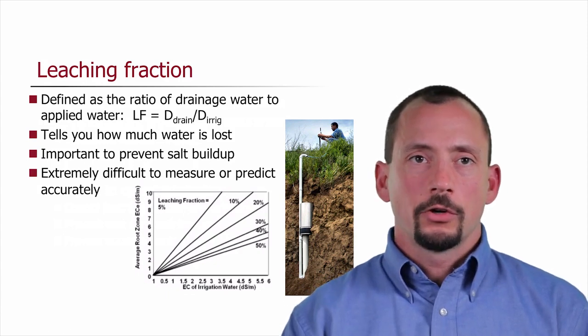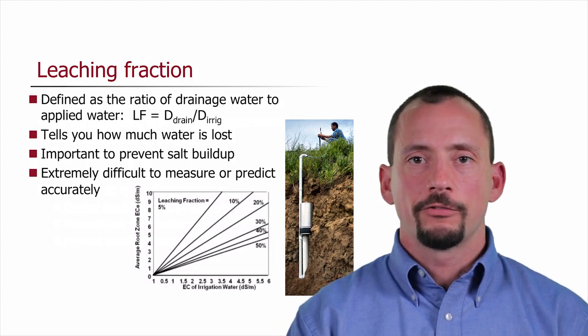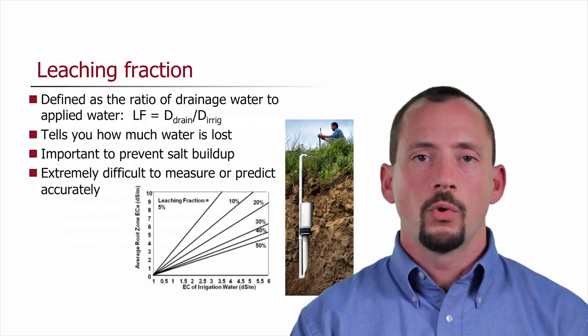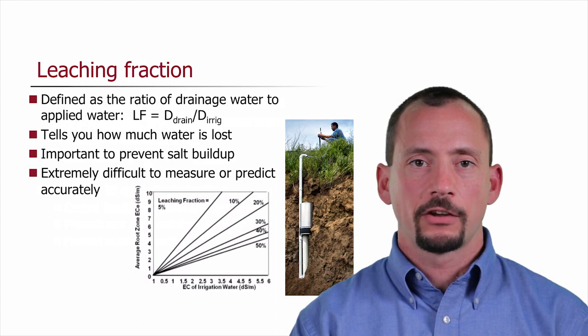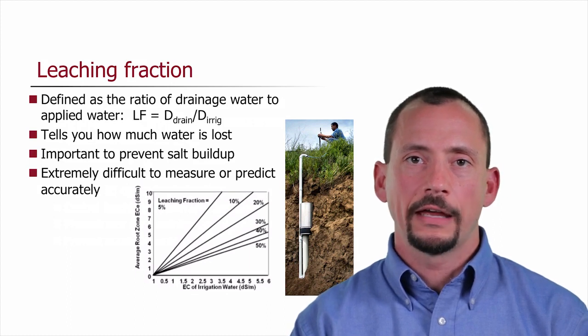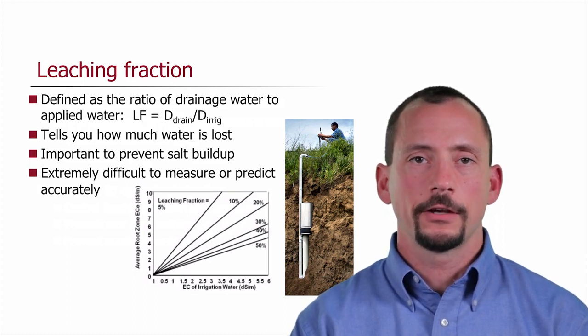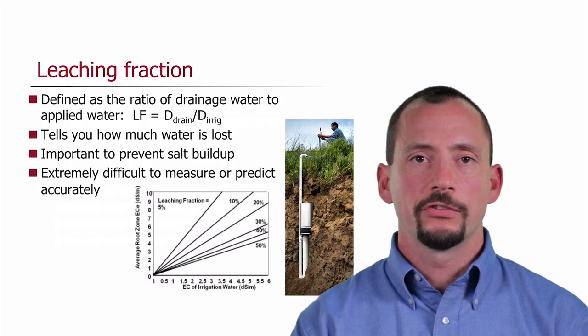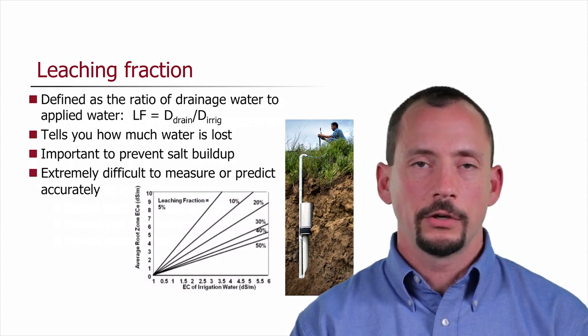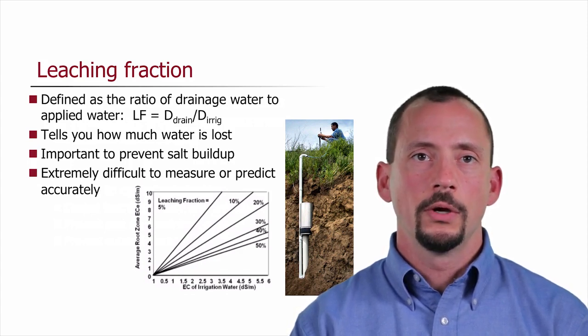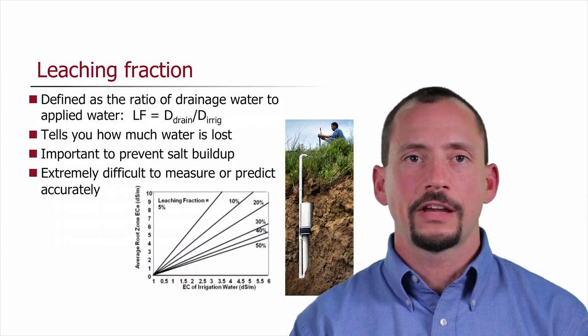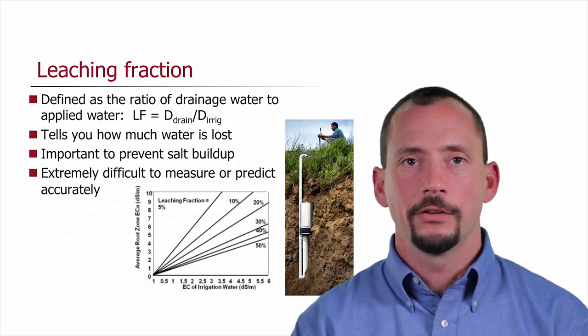For many years, farmers have tried to measure or estimate the leaching fraction and use that along with a graph like you see here and some knowledge of the EC of their irrigation water to get the right saturation extract EC in the root zone.